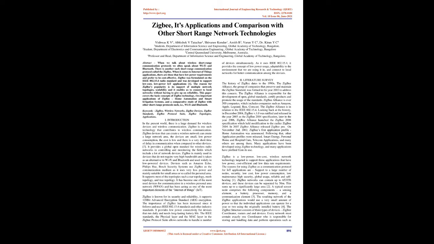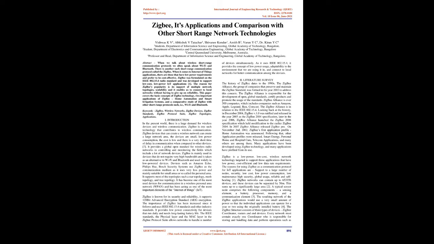Zigbee is known for its security and reliability. It supports 128-bit Advanced Encryption Standard, AES, encryption. The importance of Zigbee has increased since it follows and uses IEEE 802.15.4 standards and other industry standards. It provides low-power connectivity for devices that run daily and need long-lasting battery life.